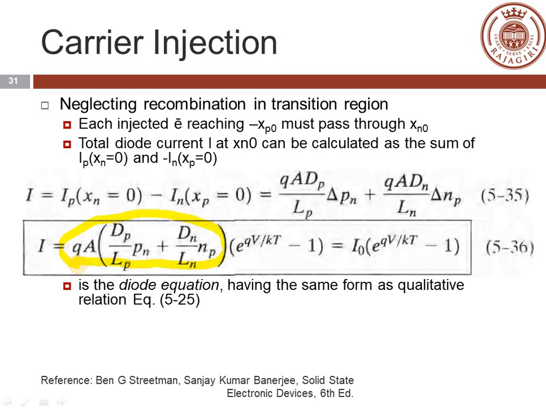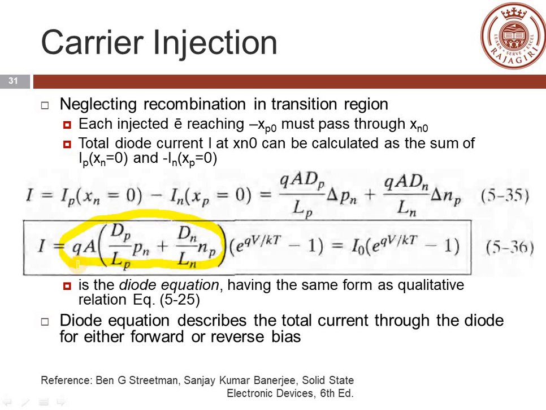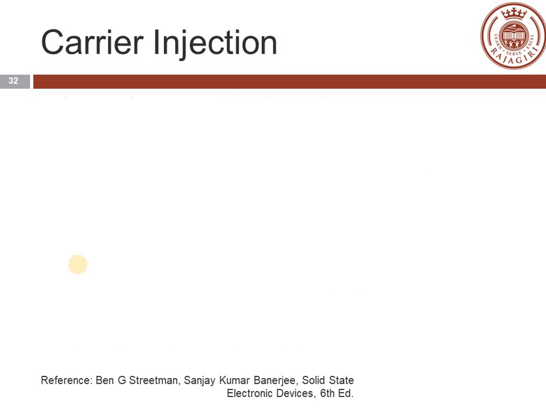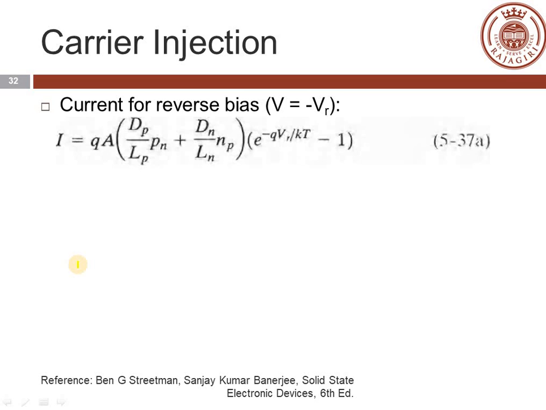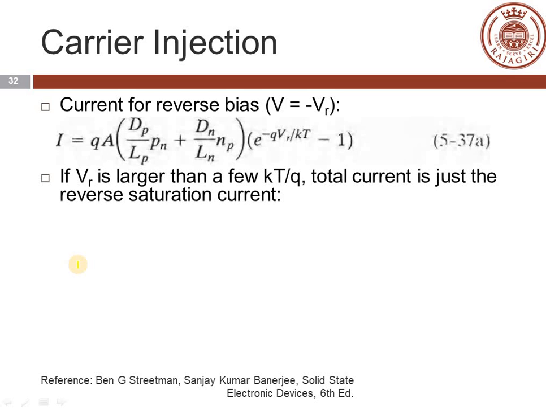The same equation. So the diode equation describes the total current through the diode, either forward or reverse bias. Now, for the current in reverse bias, in this particular equation substitute V equal to minus V. You will get this particular equation. If VR is larger than a few kT by q, then the total current is just the reverse saturation current.